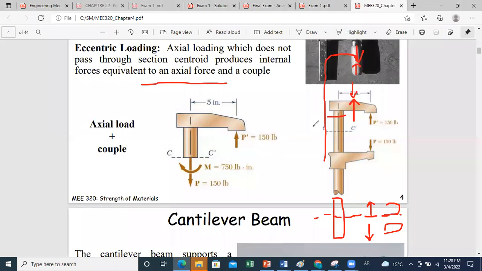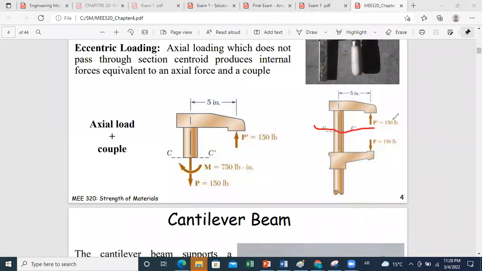Whenever you do a cut in a section, all internal forces will become external. So now, when you apply this force here and you do a section there, then you apply just equilibrium conditions to get the internal forces and couples developed at this section.